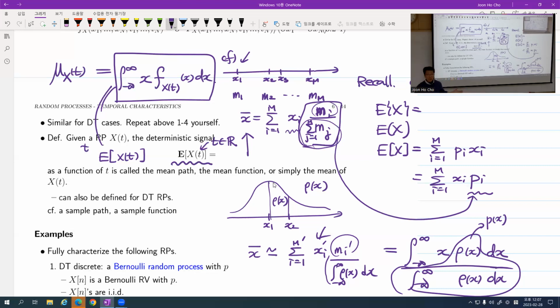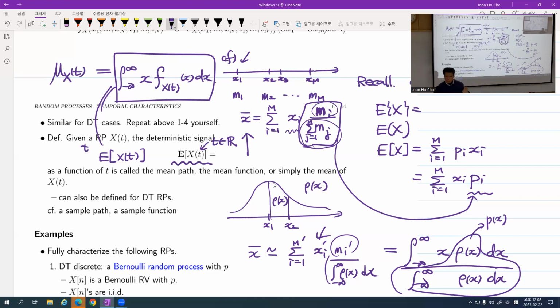Your answer should be no, right? You know that from your undergraduate program, given two totally different distributions of a random variable, their mean value could be the same. Same thing here. Given two totally different random processes, their mean value could be the same.